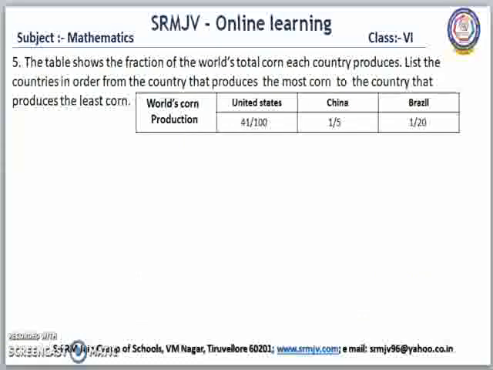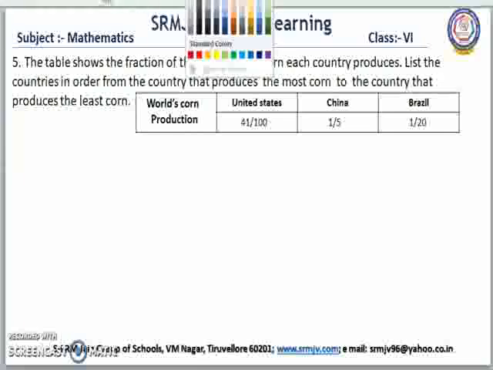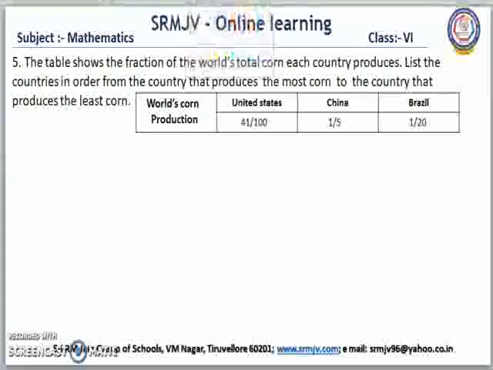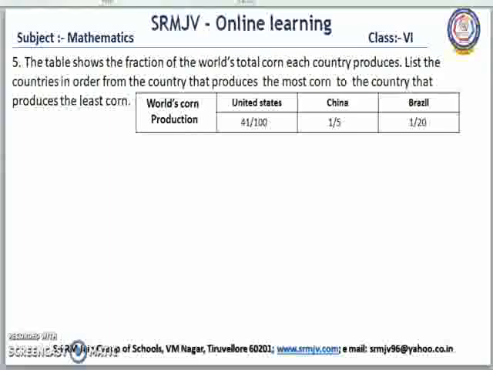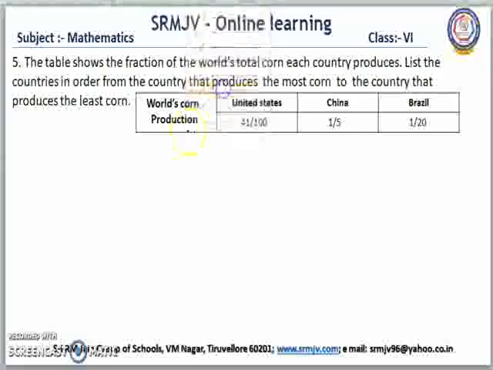The next question is, the table shows the fraction of the world's total corn each country produces. List the countries in order from the country that produces the most to the country that produces the least. Here, United States 41 by 100, China 1 by 5, Brazil 1 by 20.